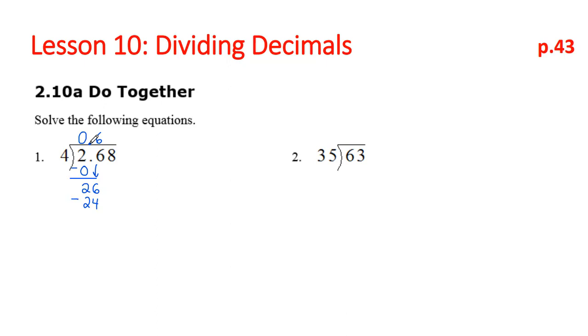And we're going to subtract. 6 minus 4 is 2. And after subtraction, we're going to bring down this 8, and we're going to repeat the process again.